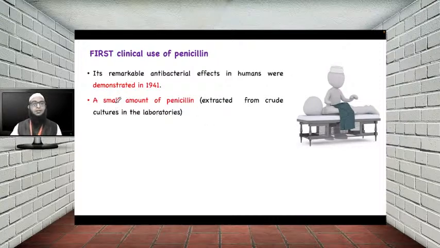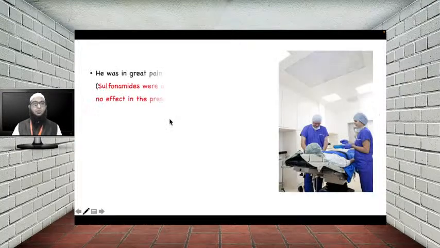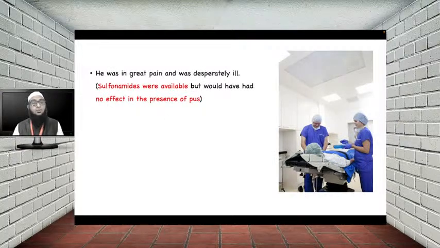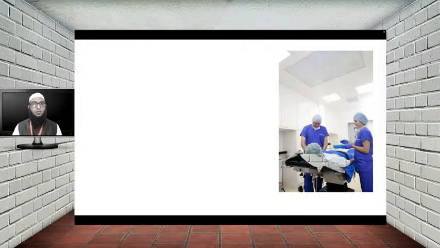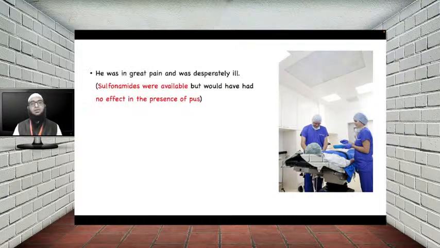A small amount of penicillin had been extracted from the crude culture in the laboratory, and it was given to a person suffering from infection. There was a policeman who was in great pain and desperately ill.